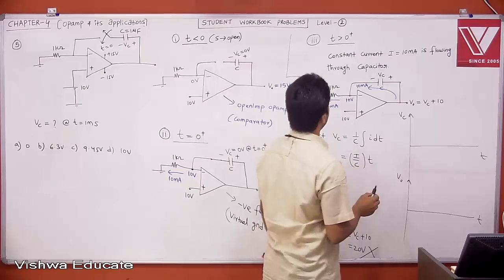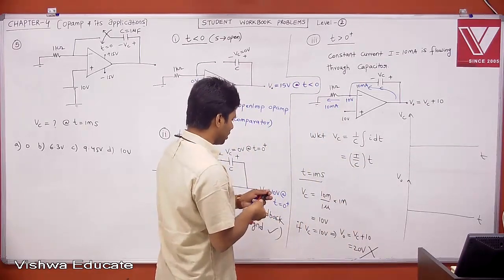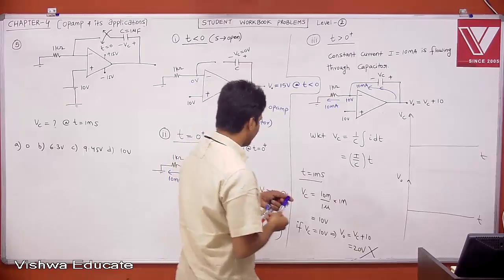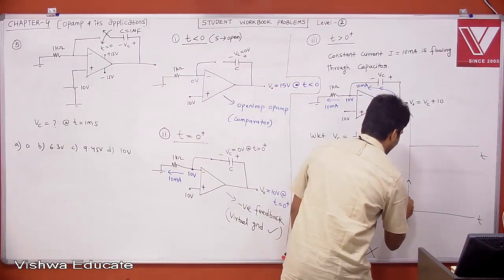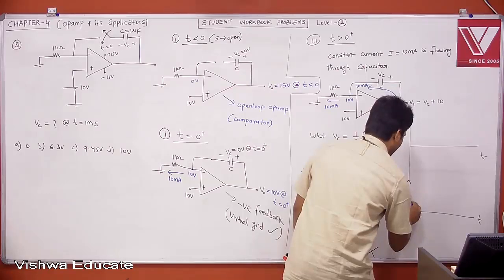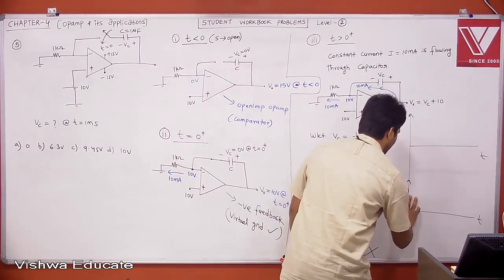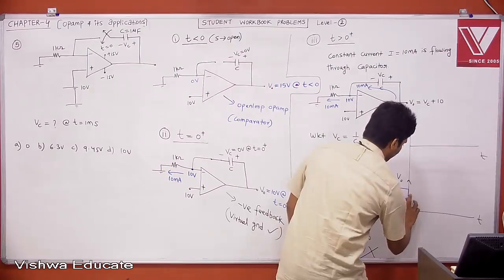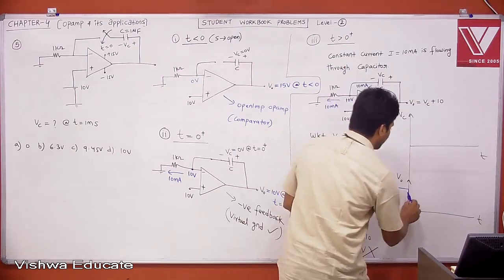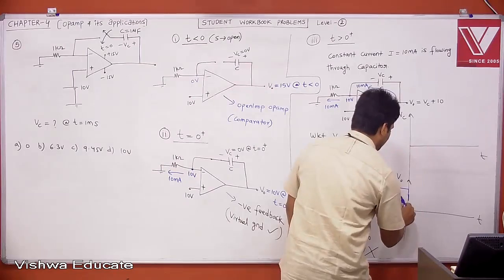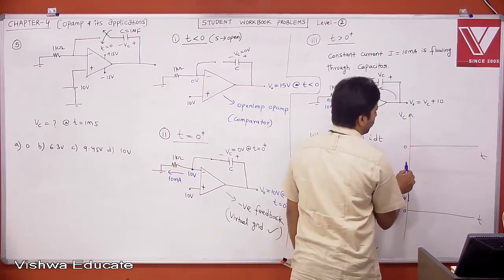Initially the voltage across the capacitor is 0. For t less than 0 we have 15 volt, which suddenly became 10 volt at time t equal to 0.